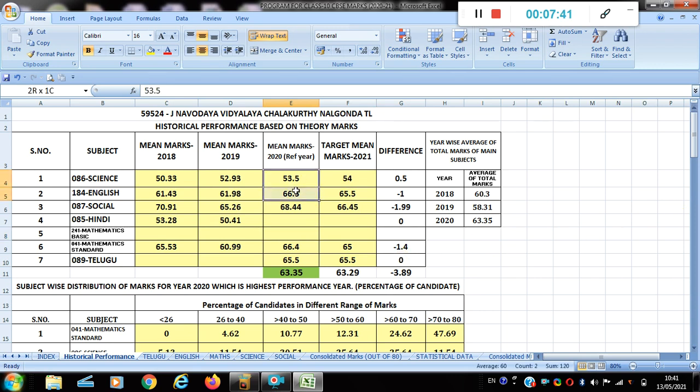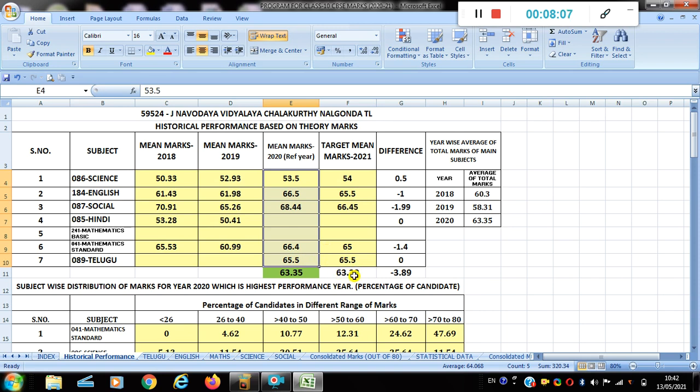Now you see 1 2 3 4 5, these 5 subjects together, 64.068 is the average. See the cursor, you can check just at the bottom, 64.068. So if the same things are repeated, the subject average will come around 64.068.